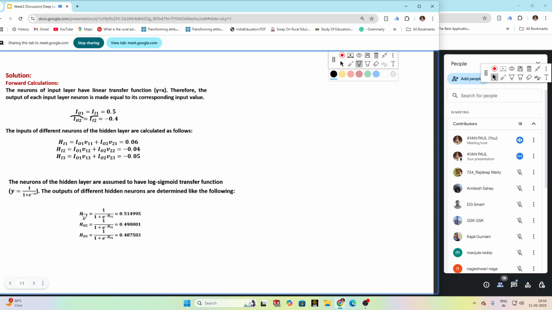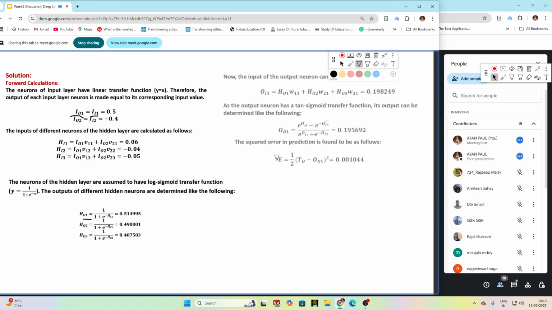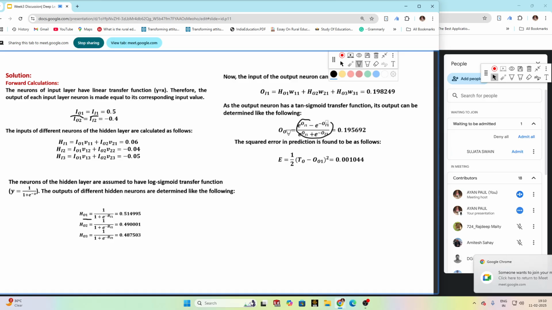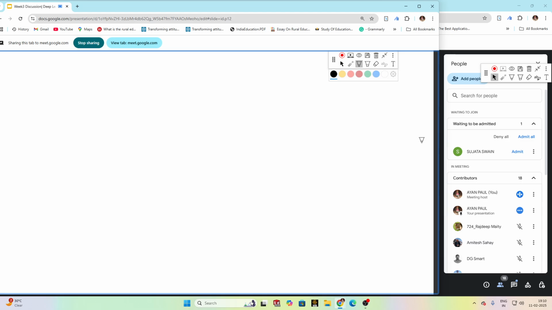But ho1 will be equal to 1 by 1 plus e to the power minus hi1, because we have this activation function in the middle hidden layer, and in the output layer we have this activation function. So o1 will be equal to oi1. OI1 will be put into this function, and we will get the OO1. And OO1 is nothing but our predicted output.